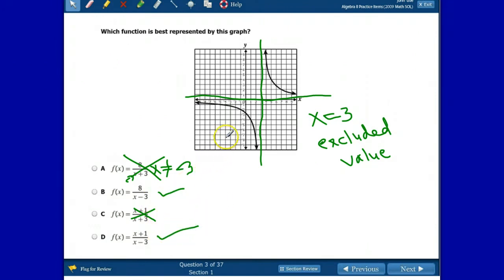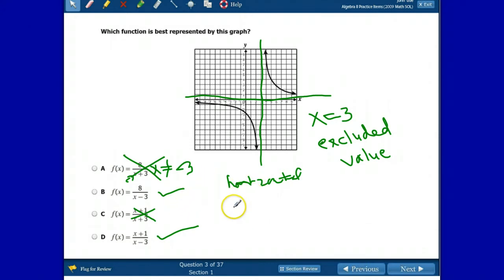The one more thing we're going to figure out now is the horizontal asymptote. Okay, I'm having little problems with my tablet, but anyway, that's supposed to say horizontal. To find that, we look at the degree of the top and the degree of the bottom, and we have 3 options.